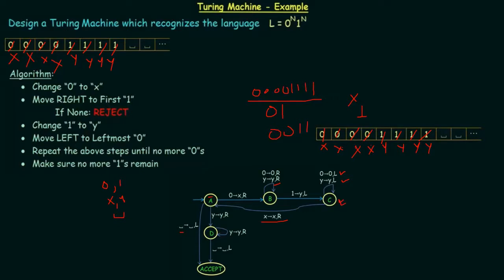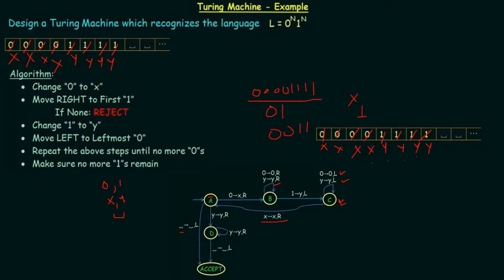Now again I have to look at this. If I am reading that y, move left, move left, move left, then again I am reading that there is x. After reaching that state, I am now here in the A state.